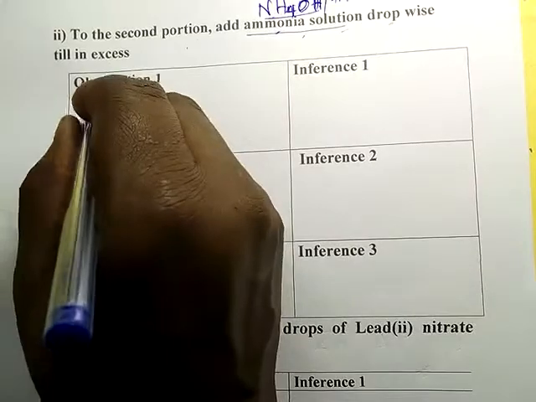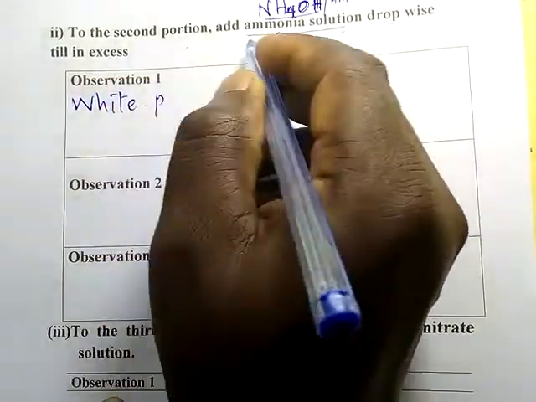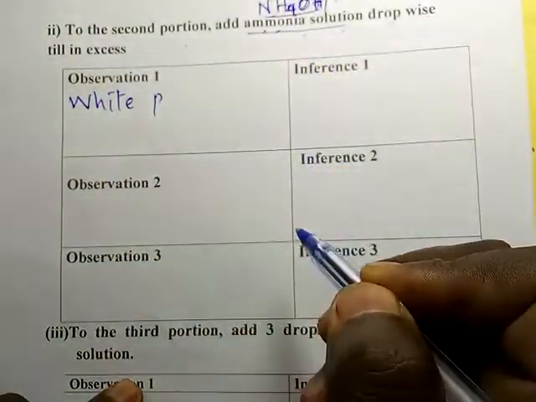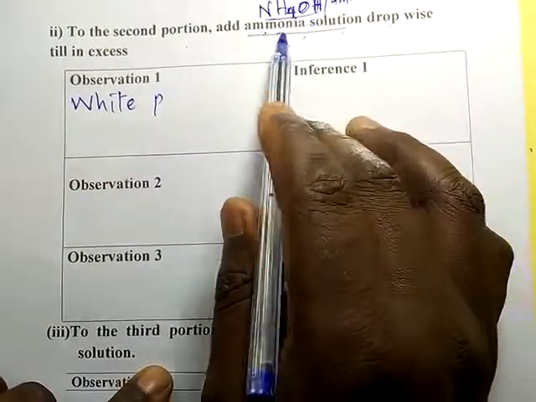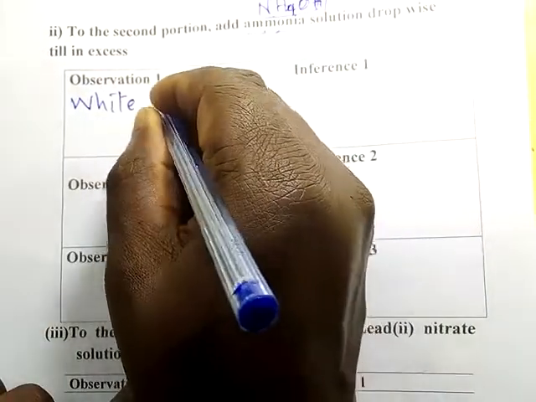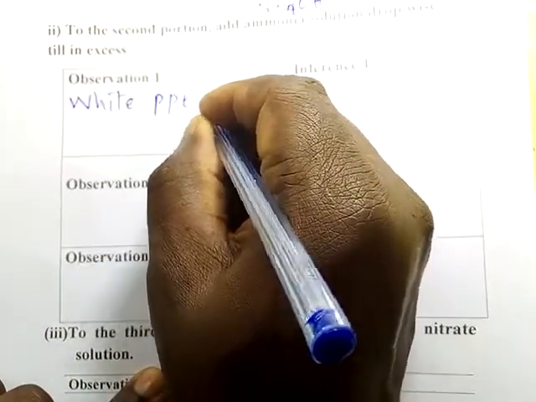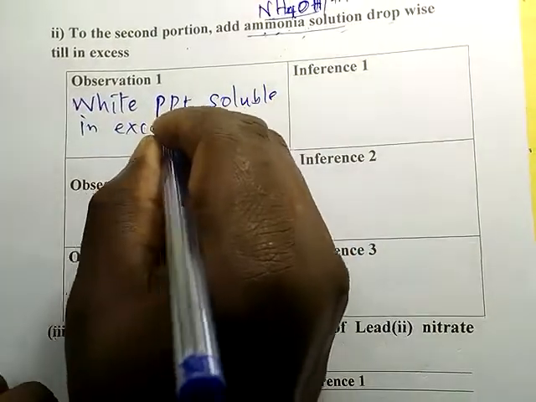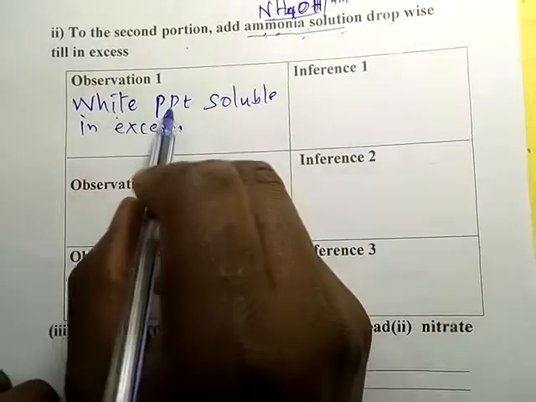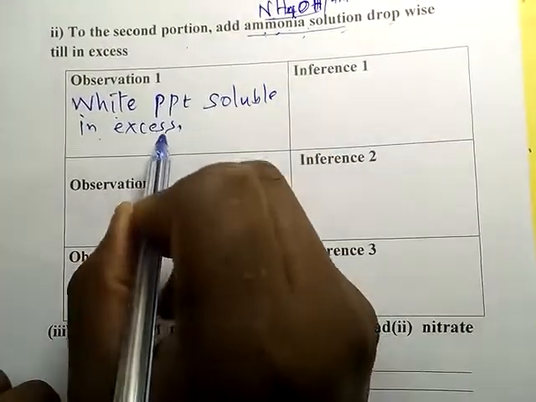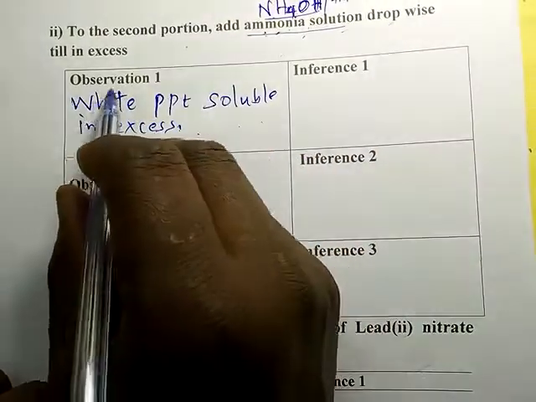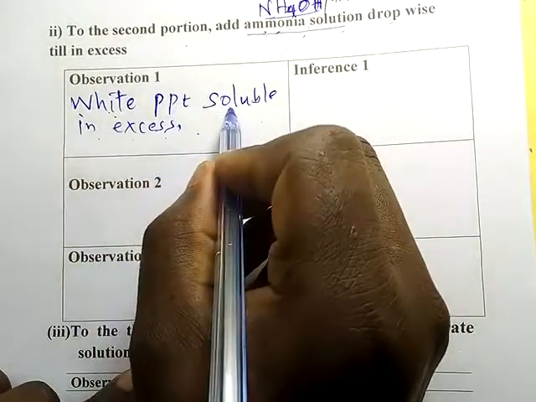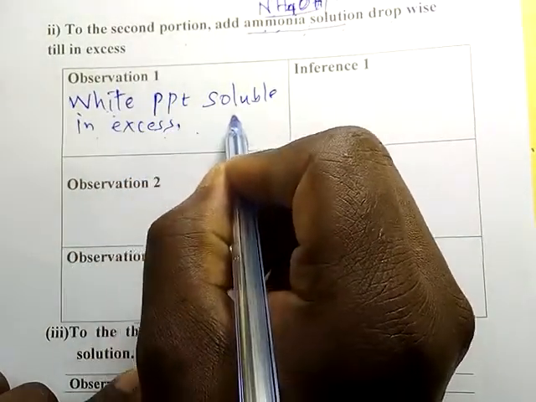The first one is that a white precipitate, we are adding ammonia. Remember, what is important is to master the reagent you are adding. Now we are adding ammonia, not sodium hydroxide. A white precipitate is formed, soluble in excess. In other words, a white precipitate is formed which dissolves in excess to form a colorless solution.